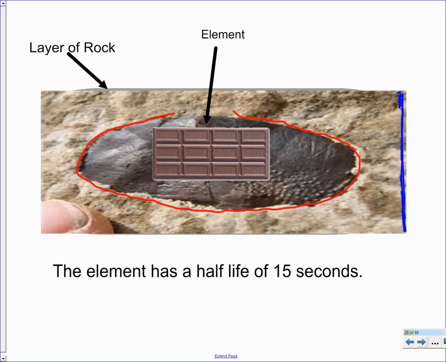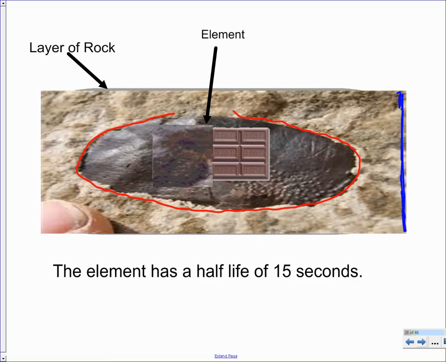The fossil is not really there, it's just the organism. So, in 15 seconds, what should happen? Half should decay, which means half of that chocolate element should disappear. So everyone count to 15. Here we go. 1, 2, 3, 4, 5, 6, 7, 8, 9, 10, 11, 12, 13, 14, 15, 16, 17.